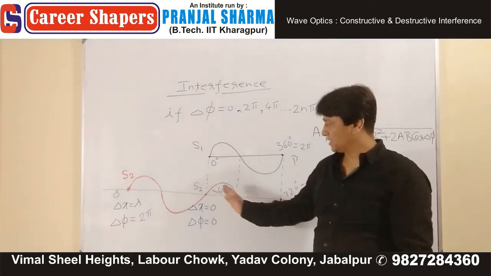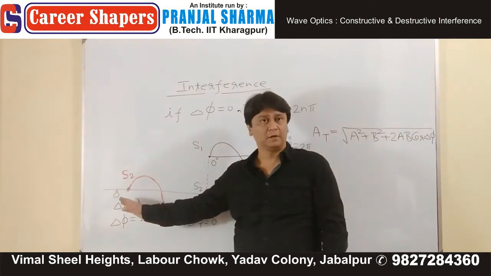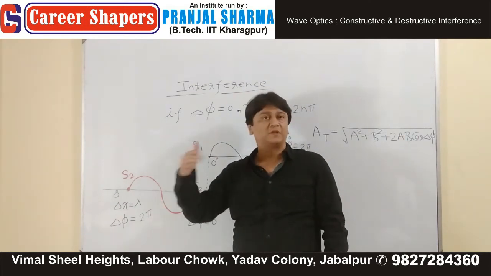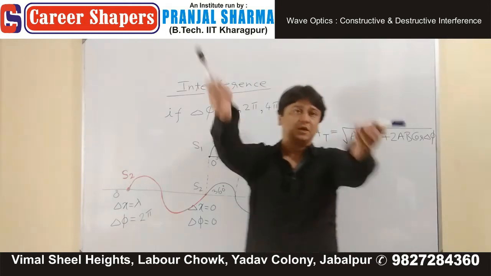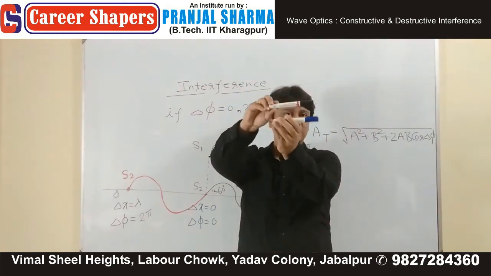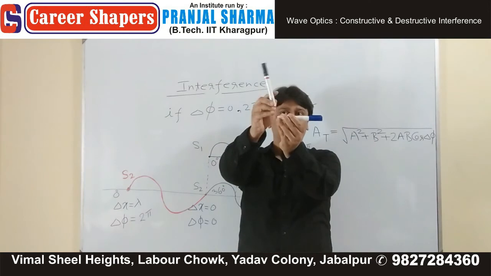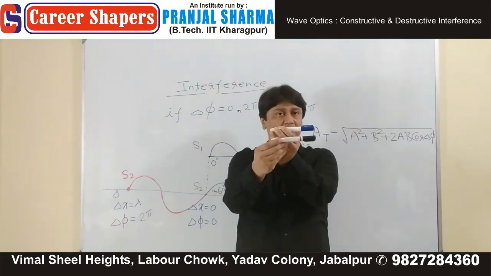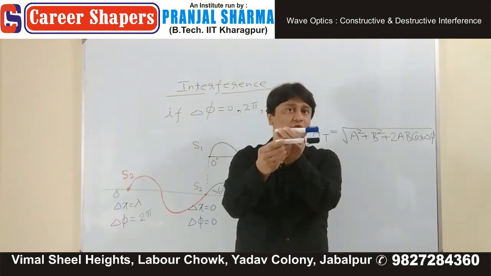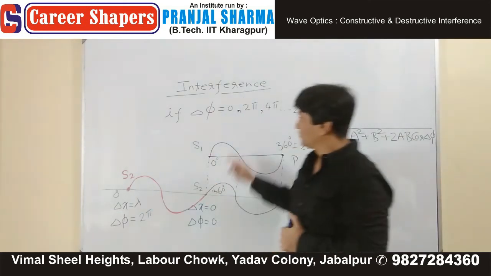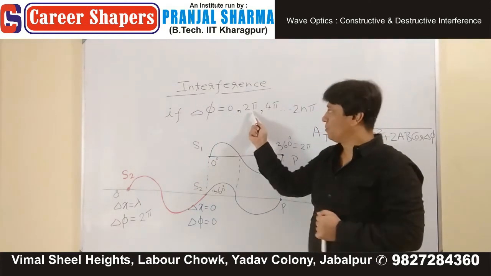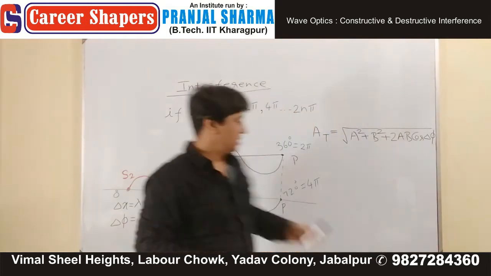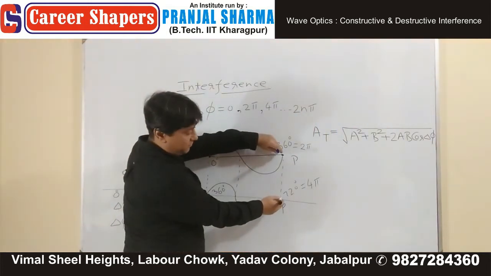When you place S2 lambda behind, it creates a phase difference of 2 pi. A phase difference of 2 pi means the angle between these two markers is 0, 90, 180, 270, 360. But they are equivalent to 0 only. So when you have a phase difference of 0, 2 pi, 4 pi, and so on, oscillations are of this type.